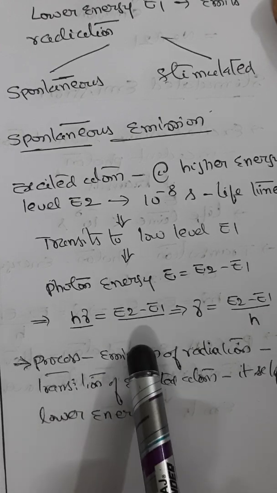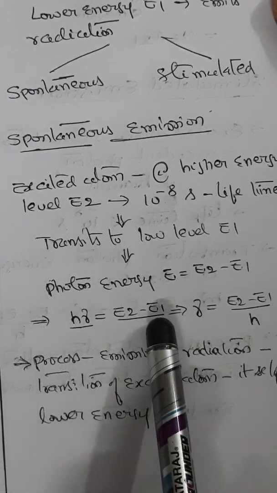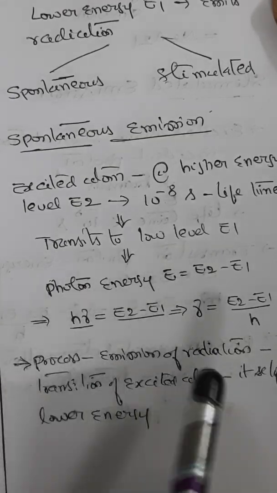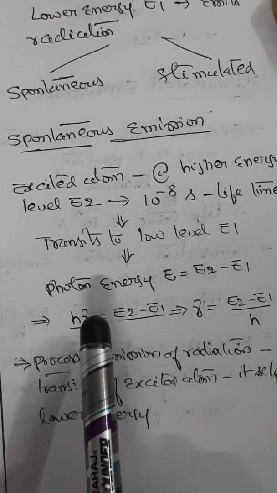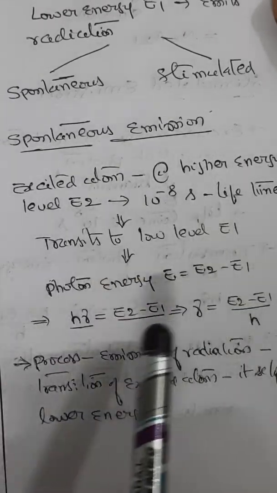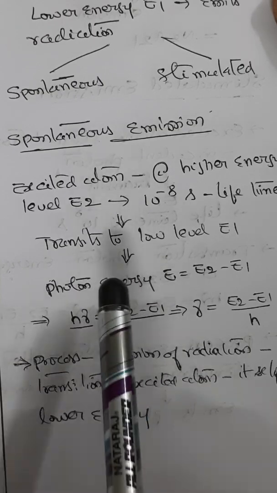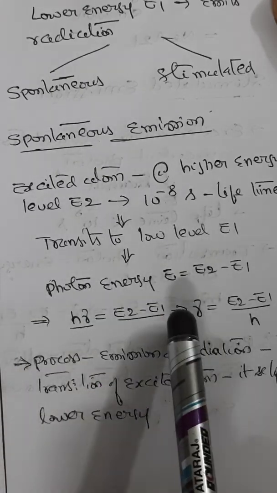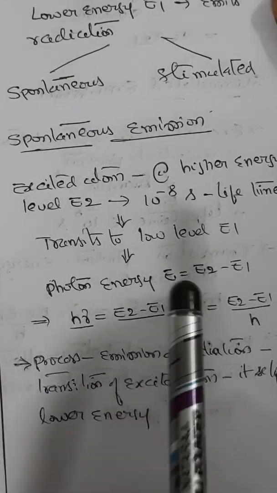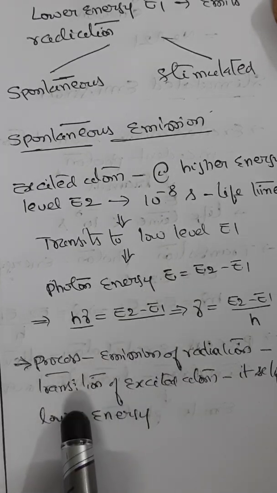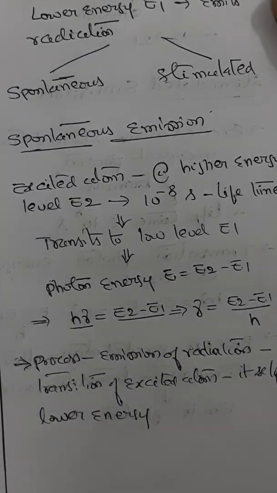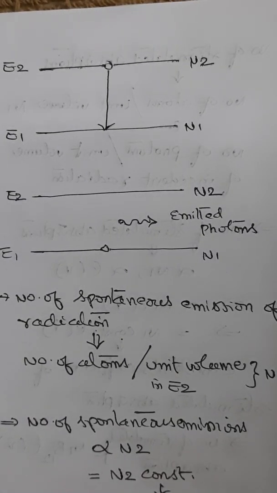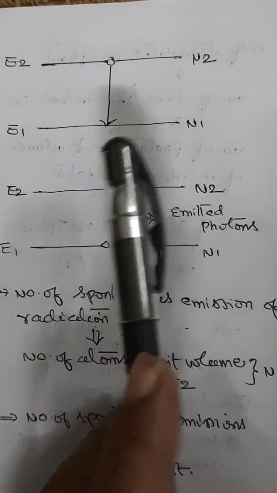This process, where the emission of radiation takes place by the transition of an excited atom by itself to a lower level energy, is what is known as spontaneous emission of radiation, because it has been done on its own. Let us understand what I have just explained as spontaneous emission through the schematic approach.